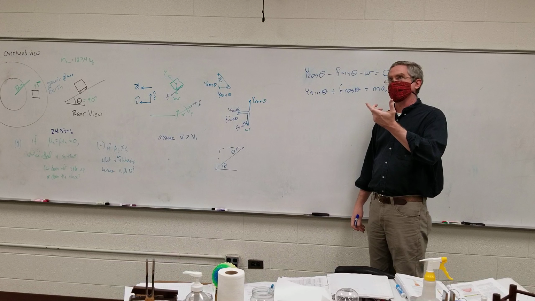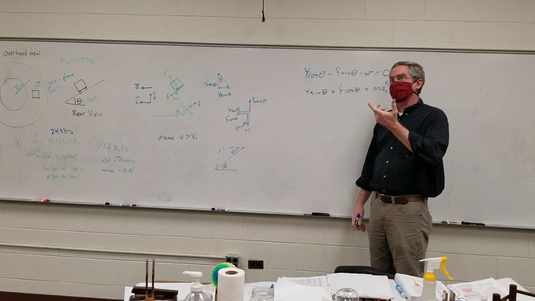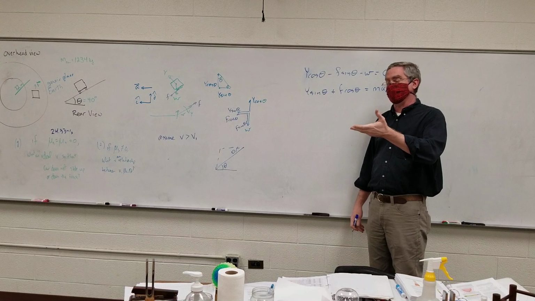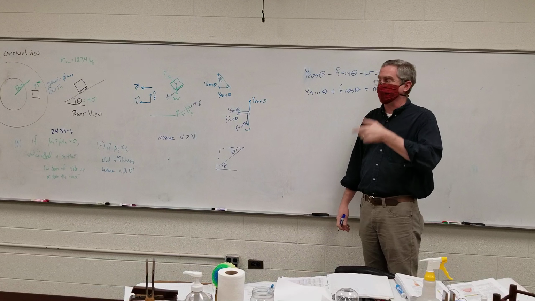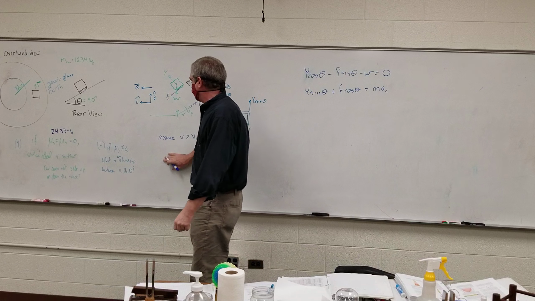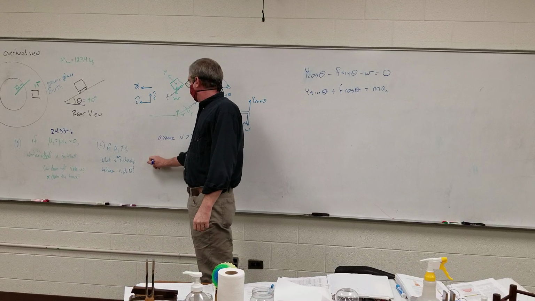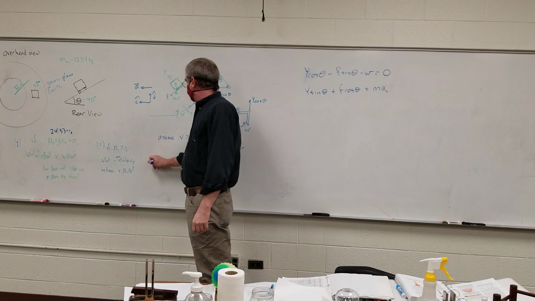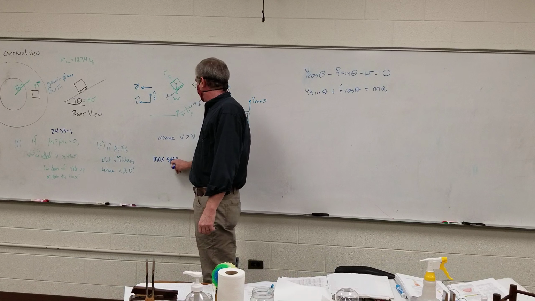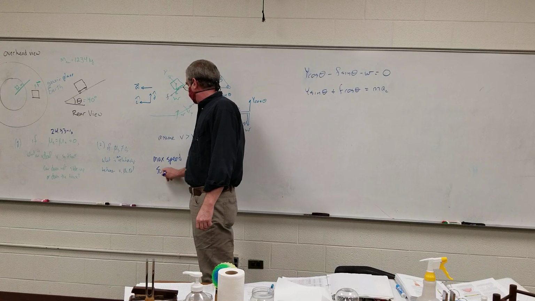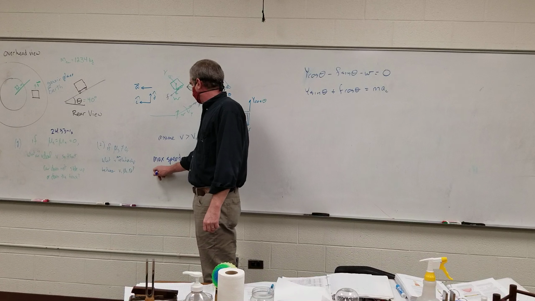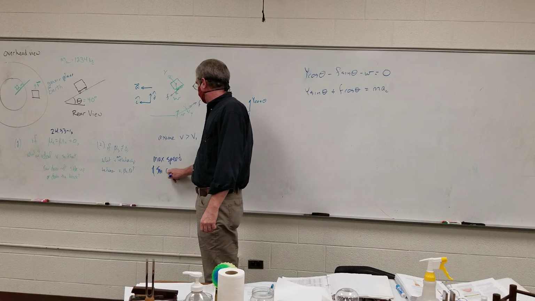No, that's slightly different. Let's change it to, once I give you mu sub s, what's the maximum speed that the car can go without slipping? There we go. Let's make that official. So, maximum speed, car not slip.